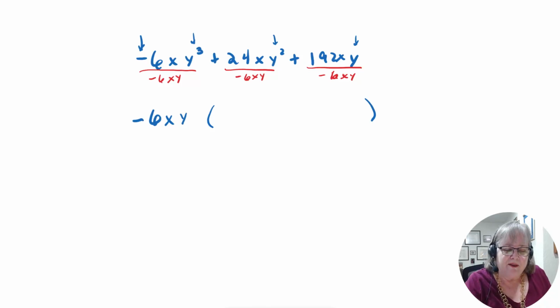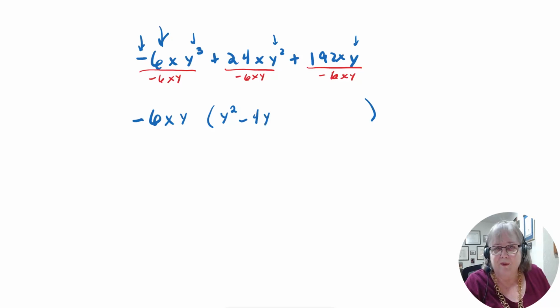All right, so we're looking right here. Negative 6 divided by negative 6 is 1. I had an x, I took it out. I had a y cubed, I took one of them out, so I've got y squared left. A positive divided by a negative is a negative. 24 divided by 6 is 4. I had an x, I took an x out. I had a y squared, I took one of them out.